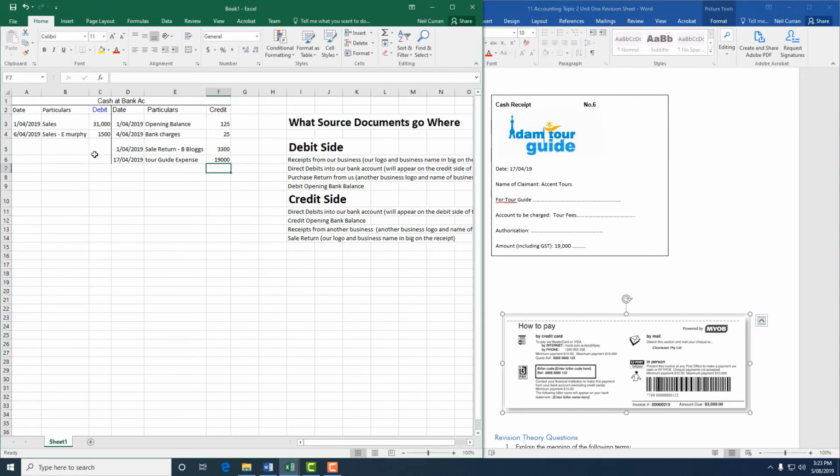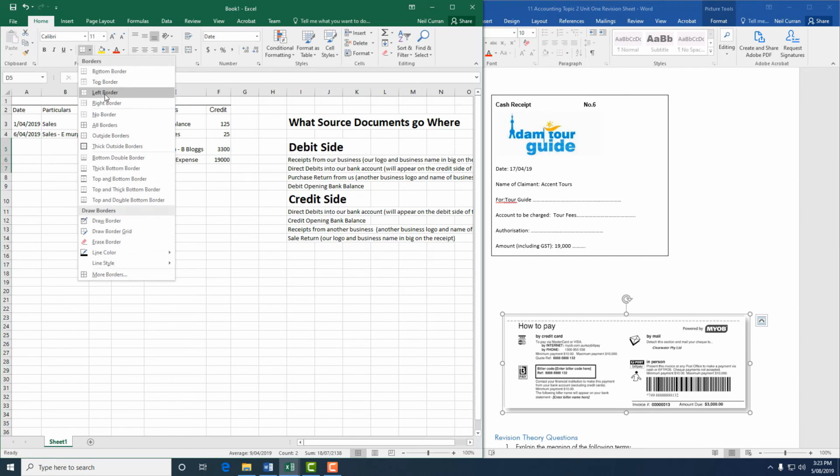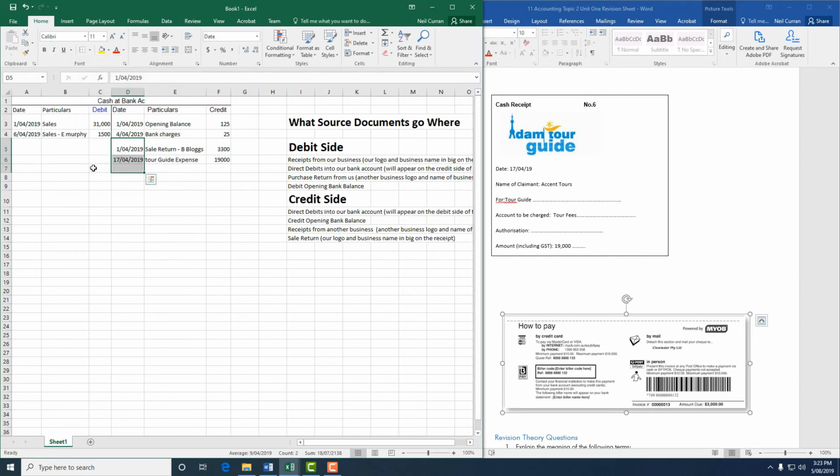So the next part we need to do is to determine which side is bigger, and that will be where the balance will go. If we tally this up, you can see here this adds up to $32,500. If we add up this side here, it adds up to $22,450. So we are going to put the balance on the credit side of the cash at bank account, which indicates that we've got money in the bank.